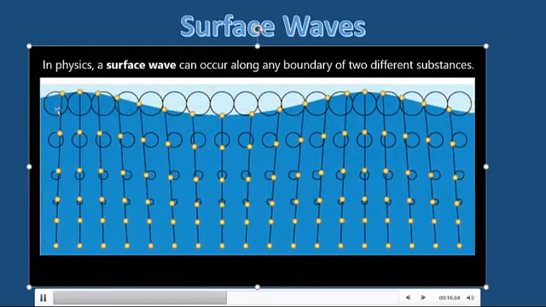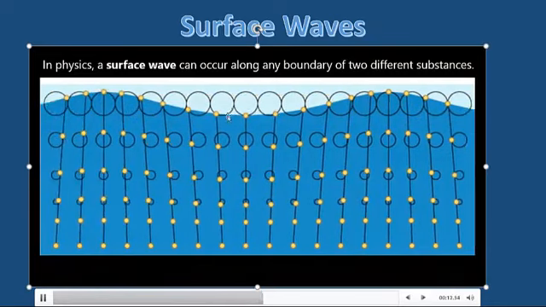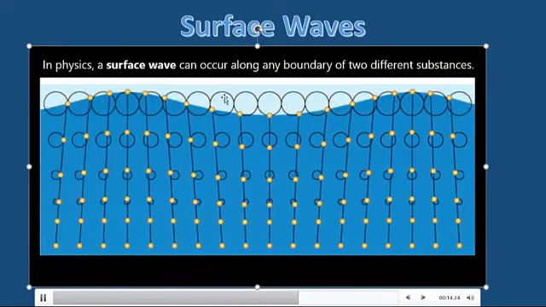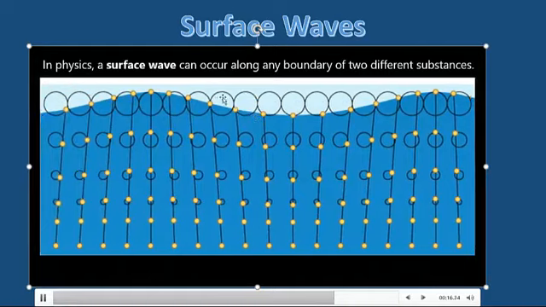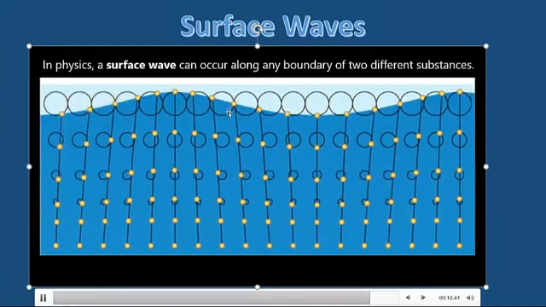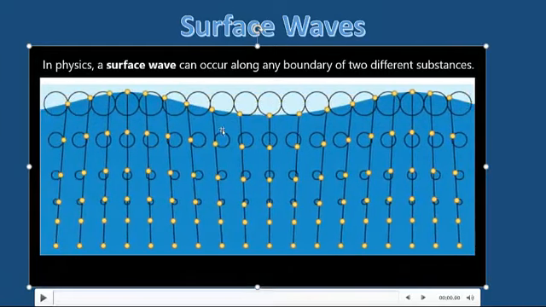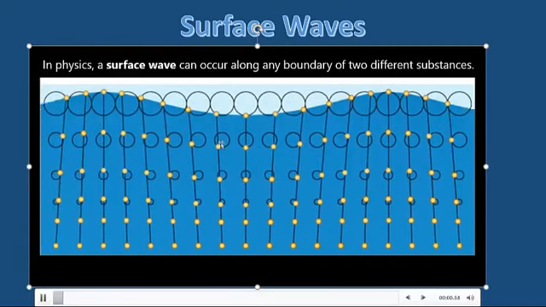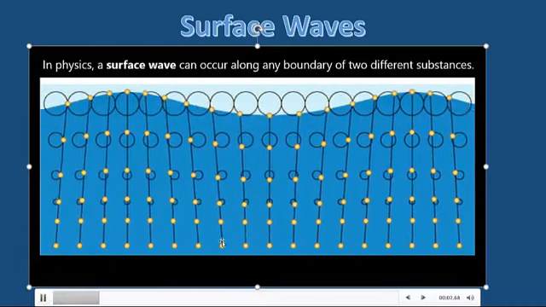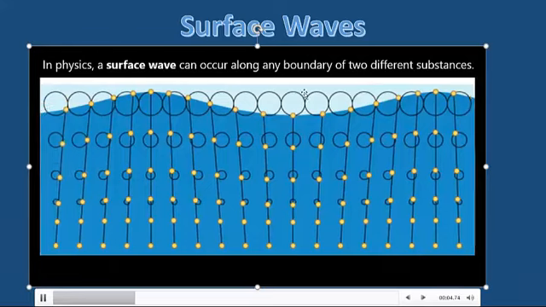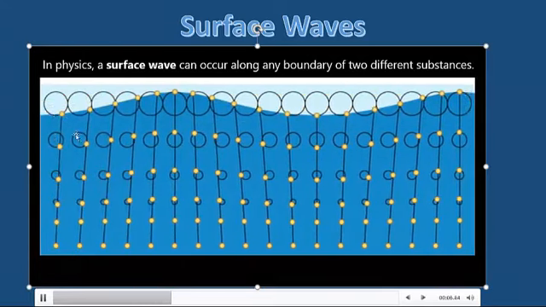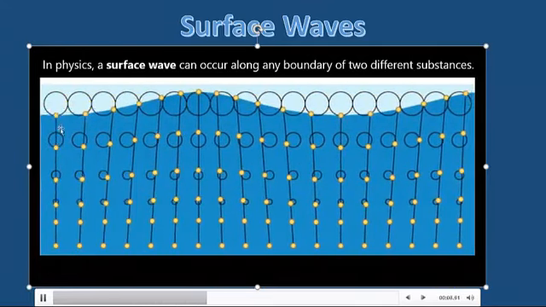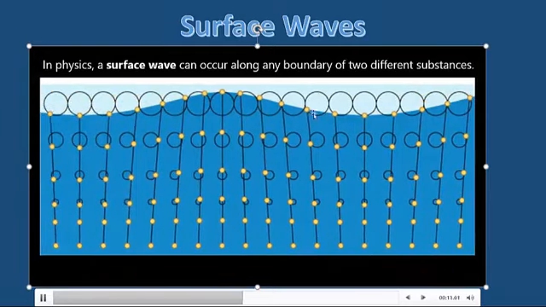So you can see here on the surface of the wave, the molecules are circulating in a circular motion, and as you go down further and further, the circles get smaller and smaller. And with this kind of motion, what ends up happening is you have a wave that propagates.